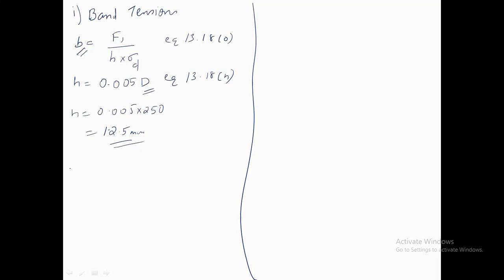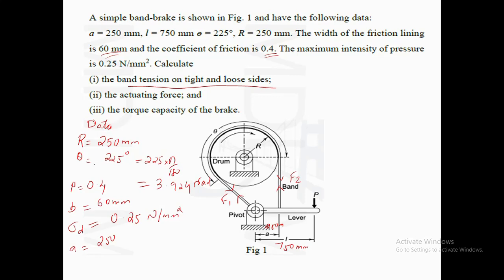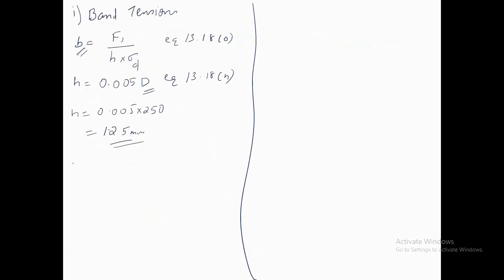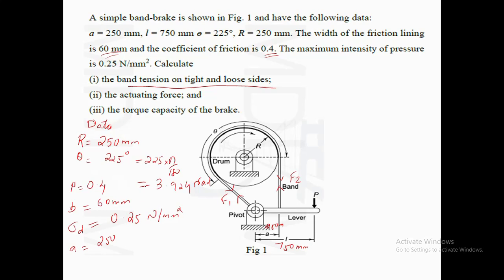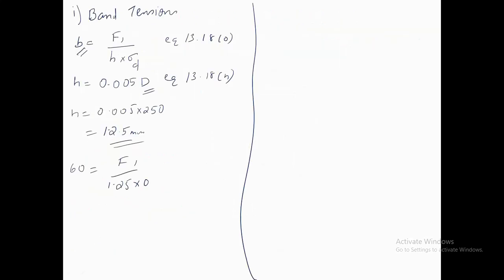We have been given the width of the brake lining. B is the width of the friction lining, which is 60 mm. So 60 is equal to F1 divided by 1.25, and the intensity of pressure sigma D is given as 0.25. From this you can calculate the value of F1.